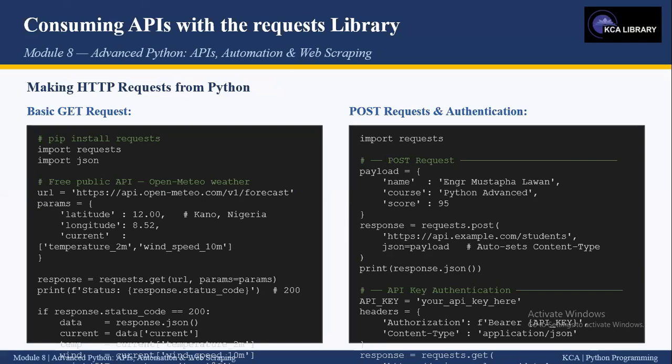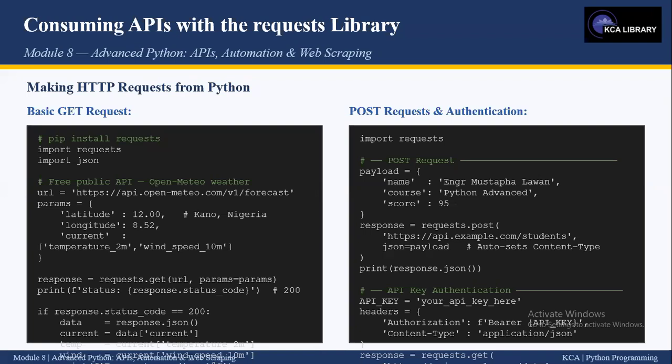For a POST request, we pass a payload dictionary using the json parameter, which automatically sets the correct content type header. For APIs that require authentication, we include an Authorization header containing a bearer token or API key.